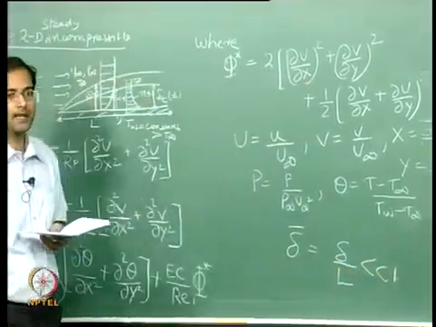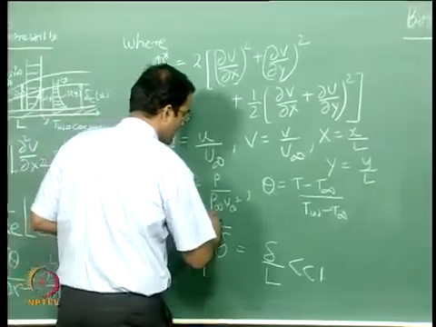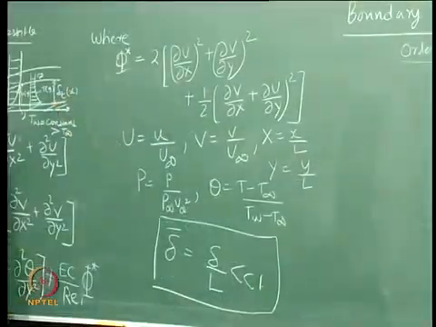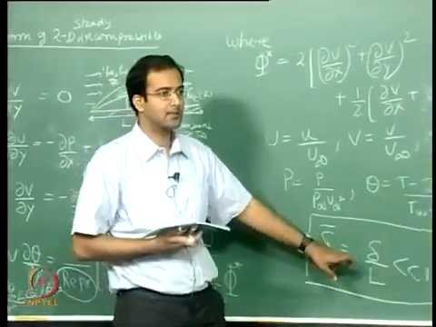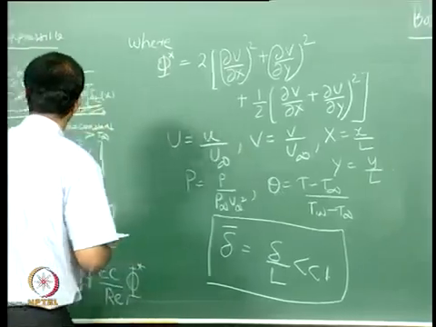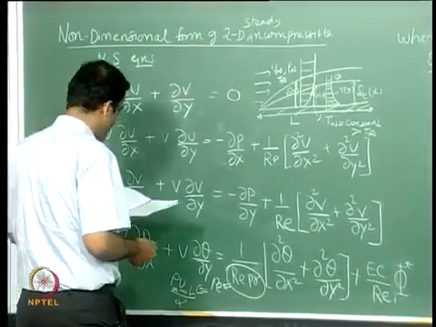This is where the scaling starts. The very first approximation you introduce in the scaling is when you scale your boundary layer to the length of the plate, obviously this is a very small quantity. We will use this as the starting point.